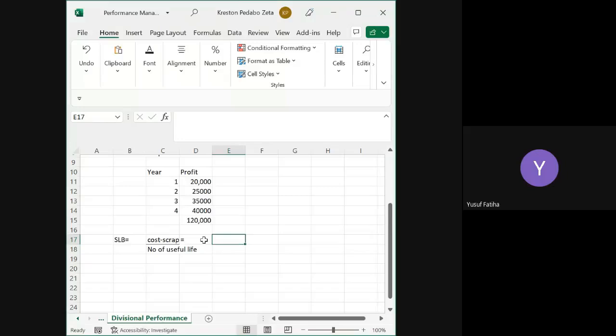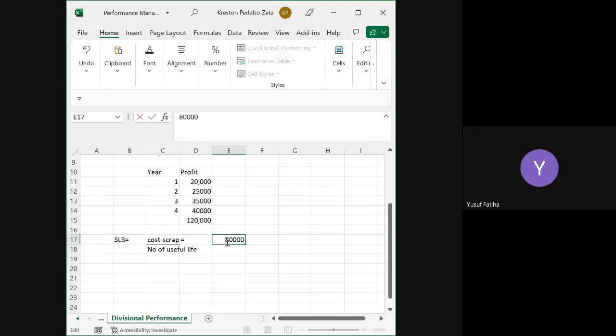The cost of our assets will be given in the question. It is 80,000 naira. Thank you very much. We don't have scrap value. It was even stated in the question: the estimated useful life of the equipment is 4 years with no residual value. So we don't have scrap value.